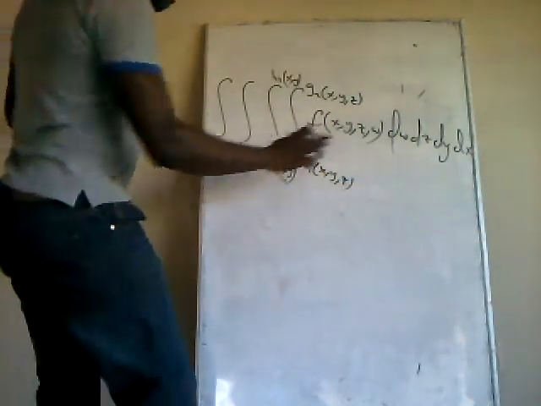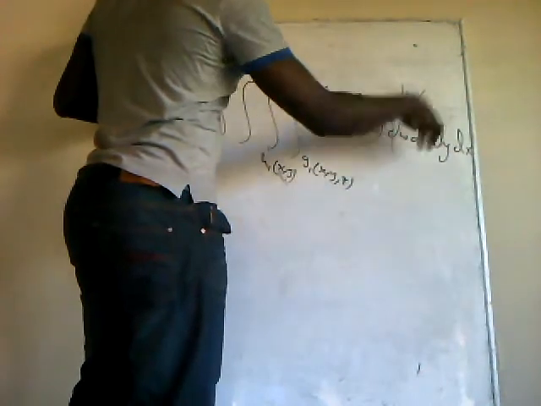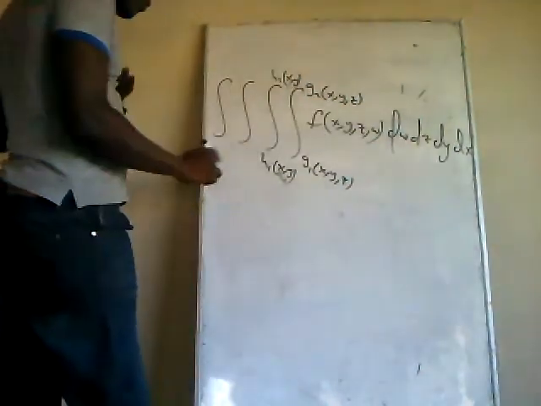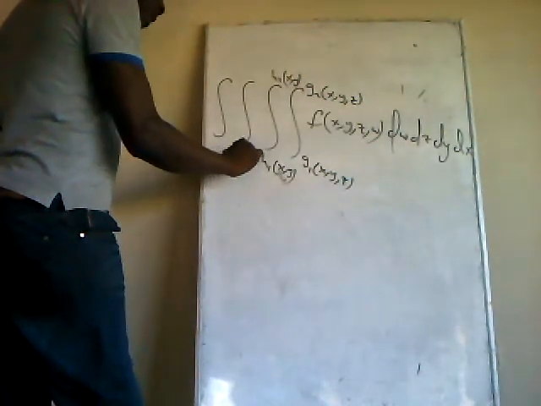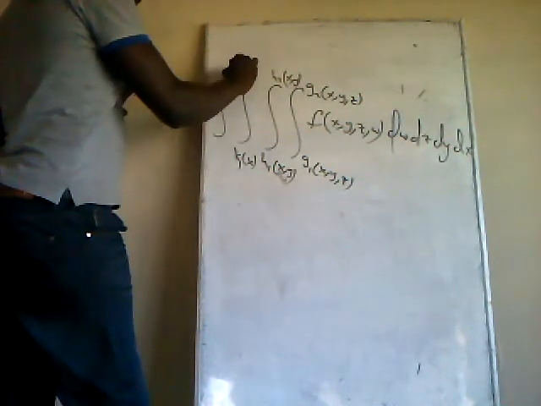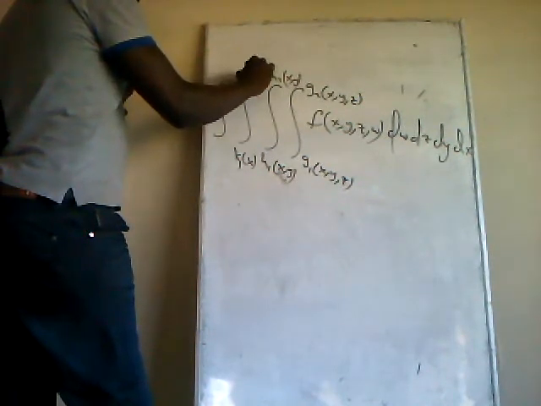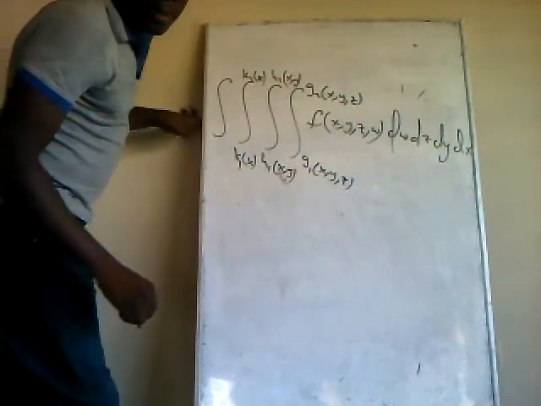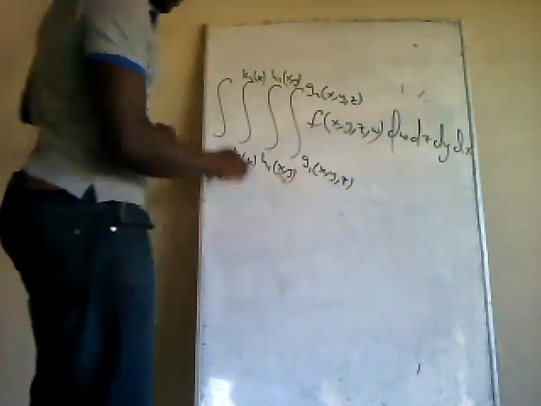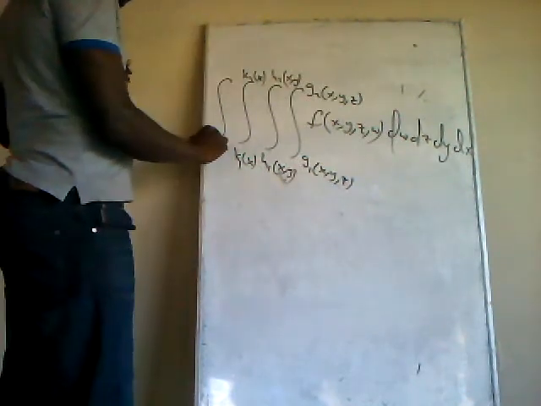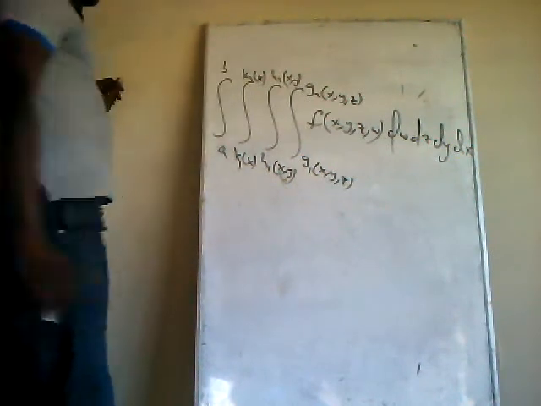Now I come to y. w and z are gone, so the limits of y must be functions of only x: k1(x) and k2(x). Last but not least, the outer ones are always numbers, so a and b.